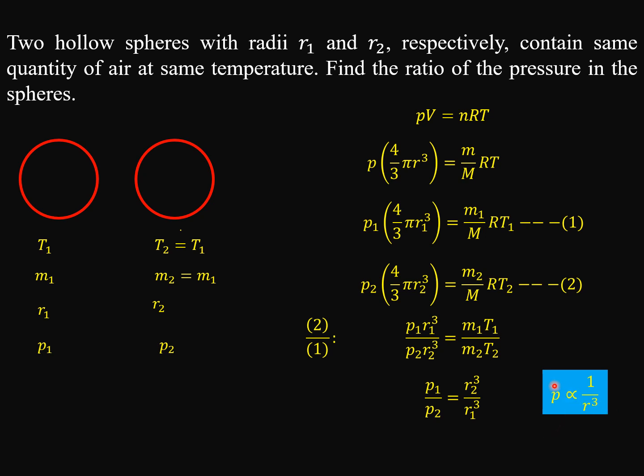Similarly, if we want a smaller pressure of gas in the sphere, then we need to prepare a sphere with a larger radius. So although the question never mentions whether R1 or R2 is bigger, we can know the relationship between the pressure and R.